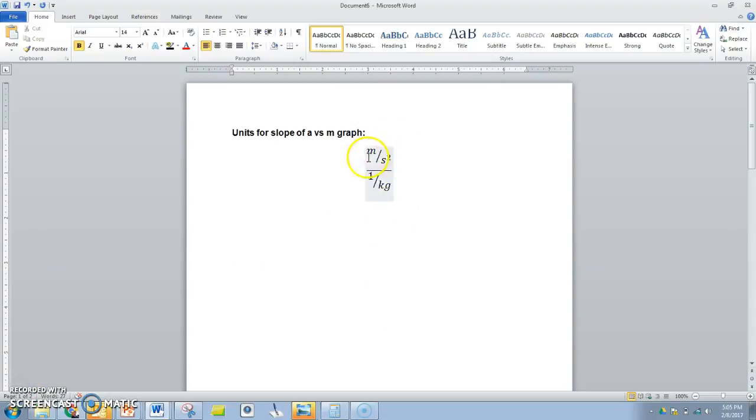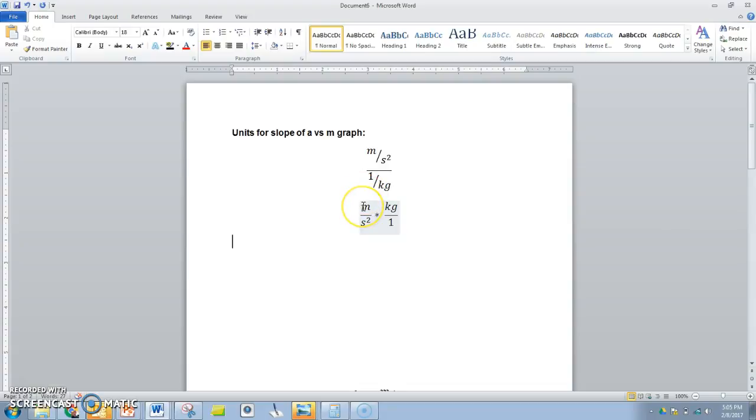My units for the slope are right here, meters per second squared over 1 over kilograms. We have a mixed fraction. No one likes mixed fractions. Let's take care of that. To deal with a mixed fraction, you simply multiply the numerator by the reciprocal of the denominator. It's going to be meters per second squared times kilograms over 1. Just like that.